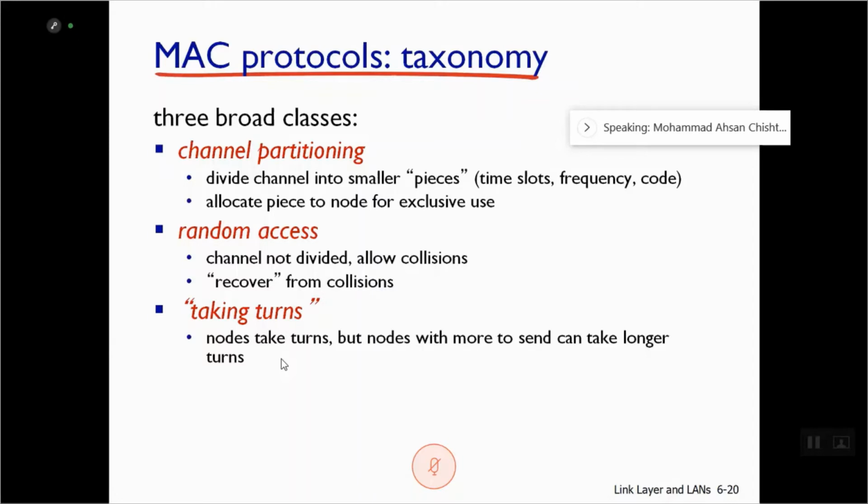In this, you divide a channel into smaller pieces, like time slots or frequencies. Each node that wants to transmit sends a frame during its slot, or you divide it based on frequency and so on. The second one is random access. We do not divide the channel by time or frequency. We allow everybody to use the channel, and if a collision happens, we recover from the collision.